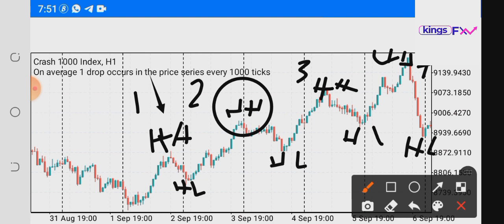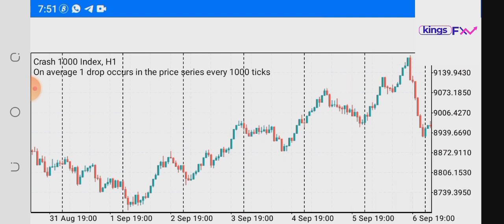Number 1 is lower than number 2, so 2 is higher than 1, 3 is higher than 2 and 1, 4 is higher than 3, 2, 1. Number 4 is the higher high of number 3, number 3 is the higher high of number 2, while number 2 is the higher high of number 1. That's why you call them higher high and higher low.